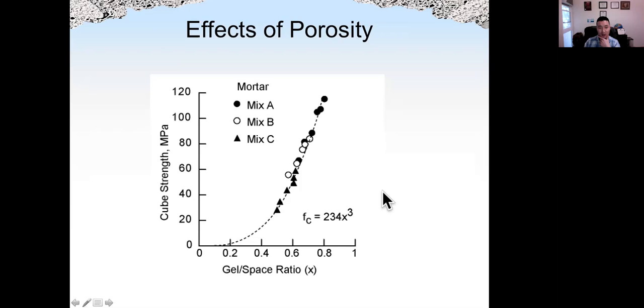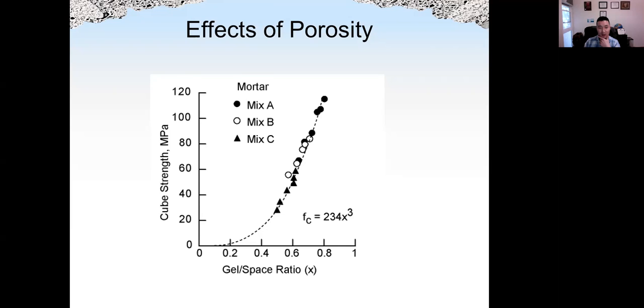And here again is the effect of porosity. X is the gel to space ratio, which is basically equal to 1 minus the porosity. Porosity is defined as pores over space, where space means the total space of the concrete.